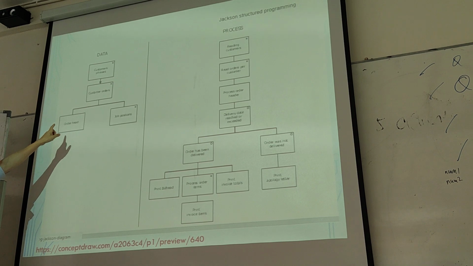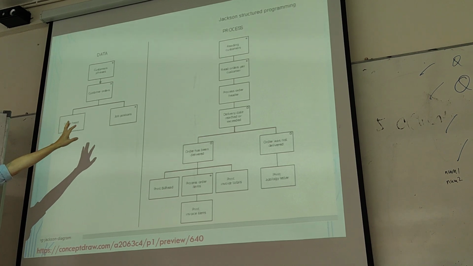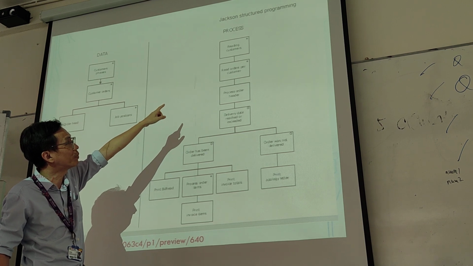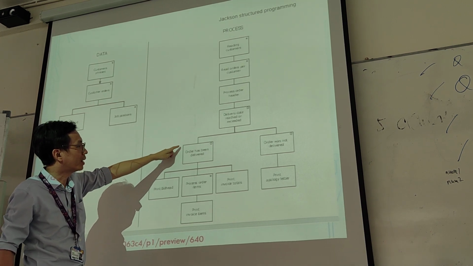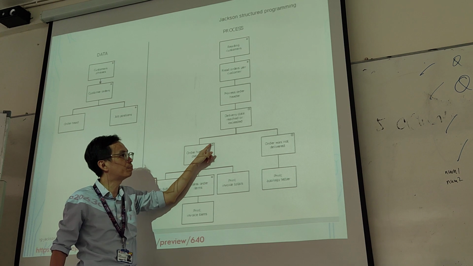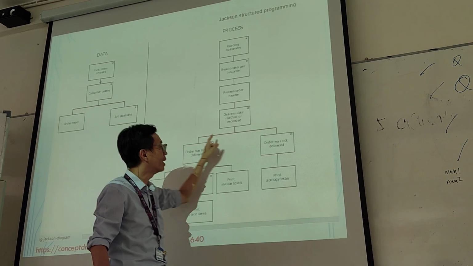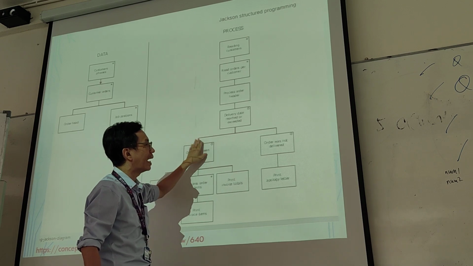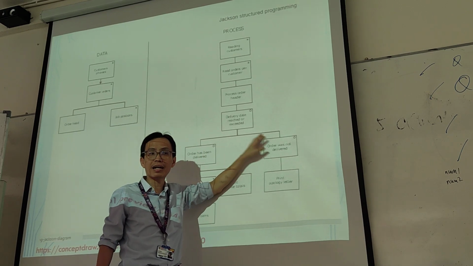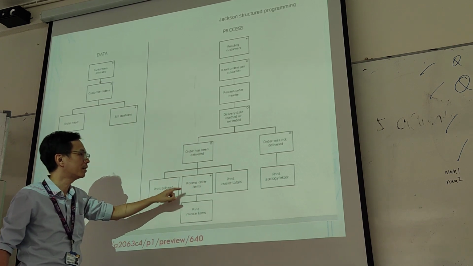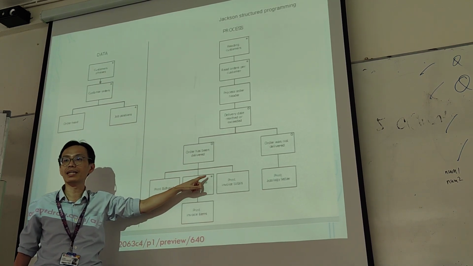These are the data, and this is the process: reading customer, reading the order of the customer, and so on. Then you can see they have symbols. The symbol with a circle is either an if-else statement, choose one. And this one with an asterisk is an iteration.